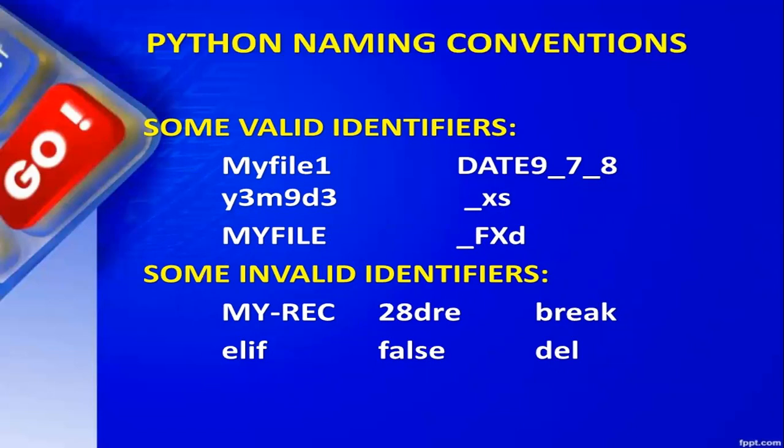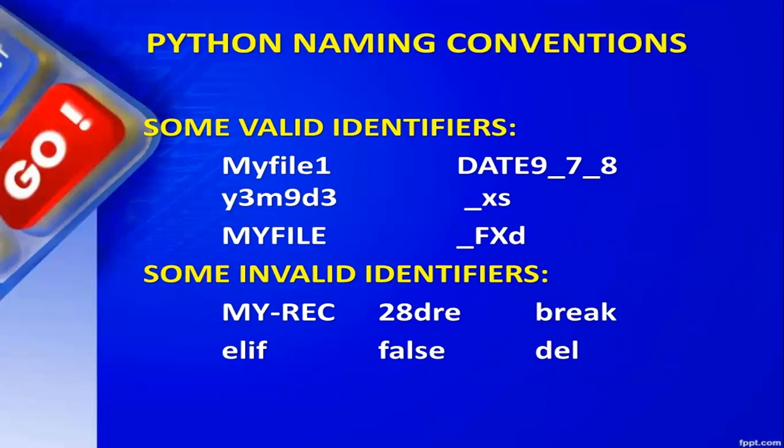If you look at the valid ones, myfile1 is okay. Y3M is also fine because it's a combination of alphabets and numbers, and the first character is a letter, not a number. MYFILE in capitals is fine. Date978 with underscore, yes, you can use an underscore.